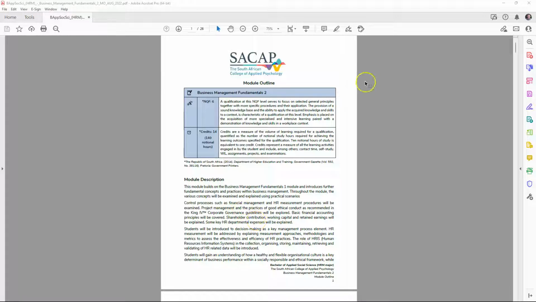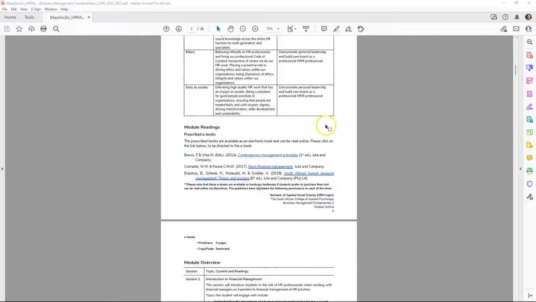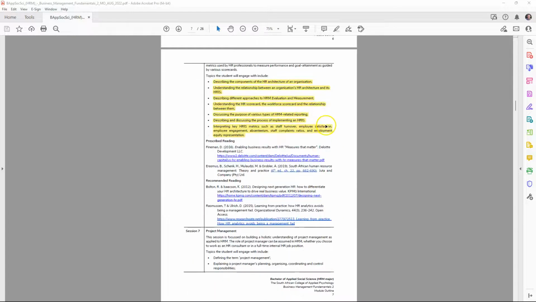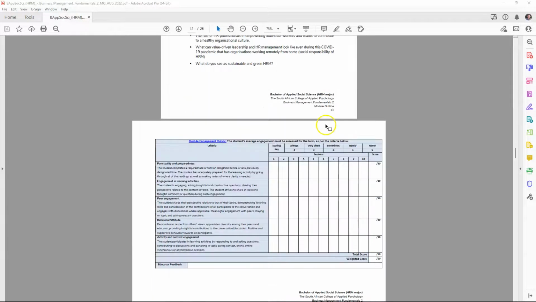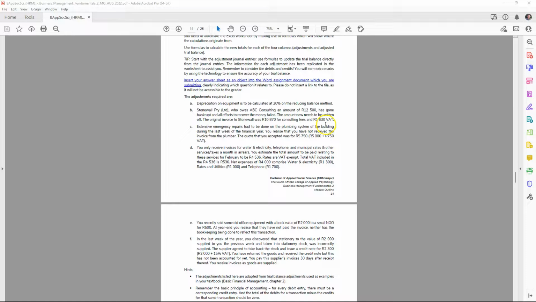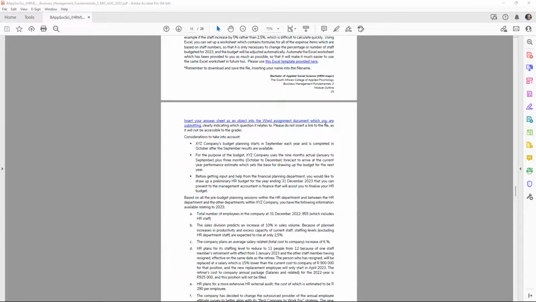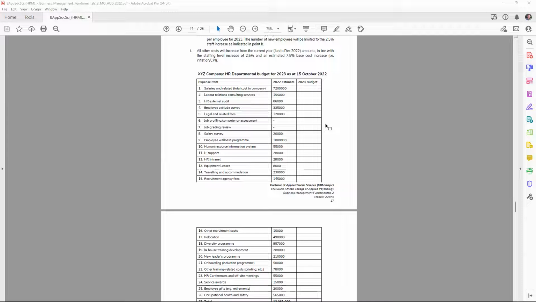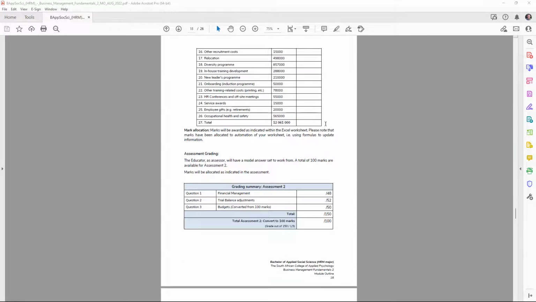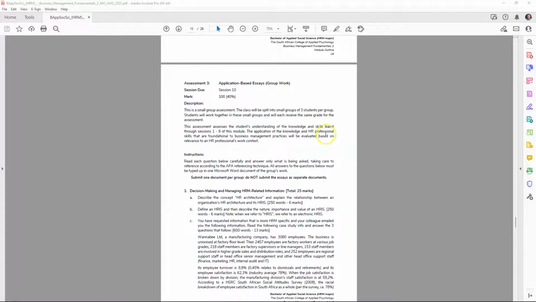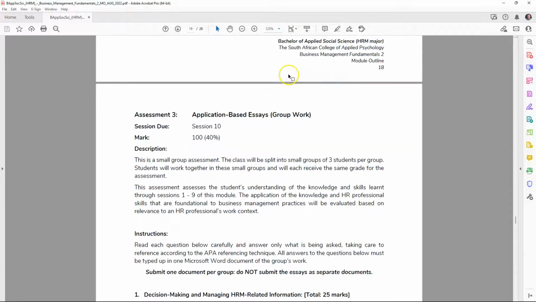So this is the module outline. I'm just going to scroll down to Assessment 3. Okay, so let me enlarge this to 125.